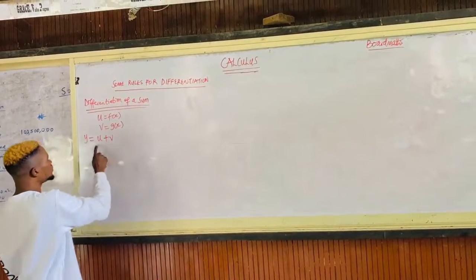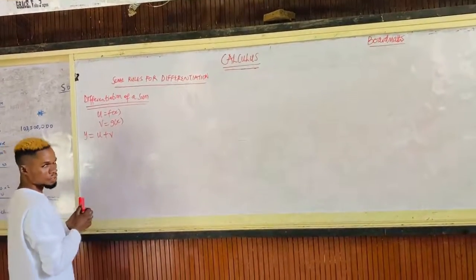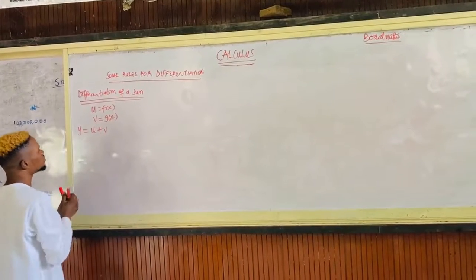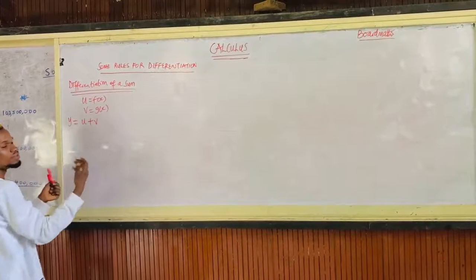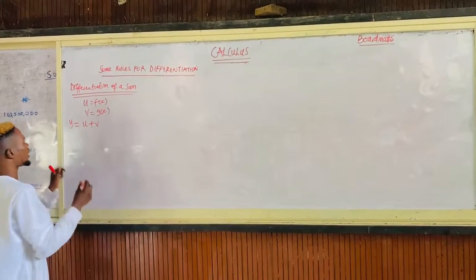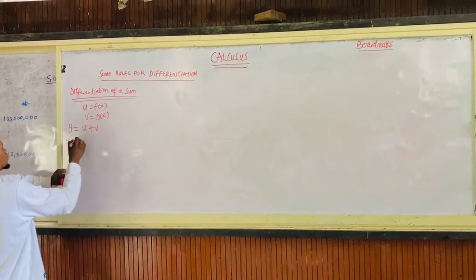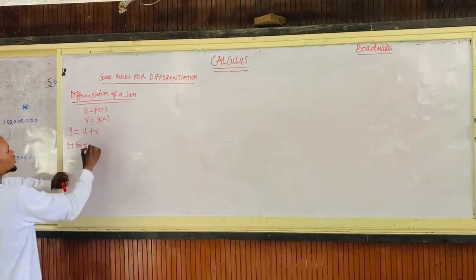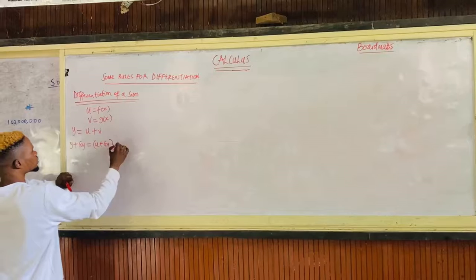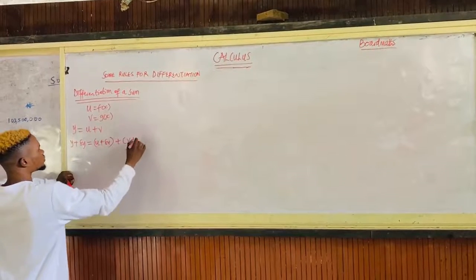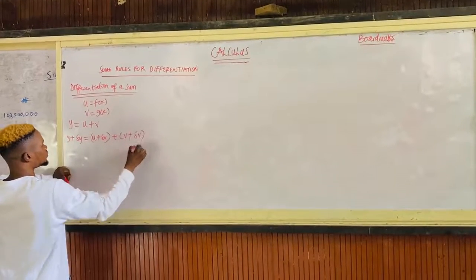Now if u receives an increment del u, v receives an increment del v, and also y receives an increment del y. That's y plus change in y is equal to u plus del u plus v plus del v.